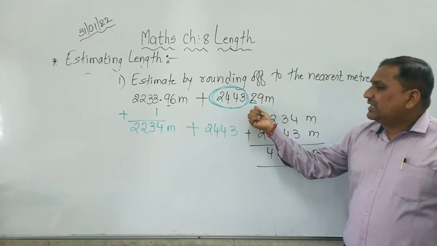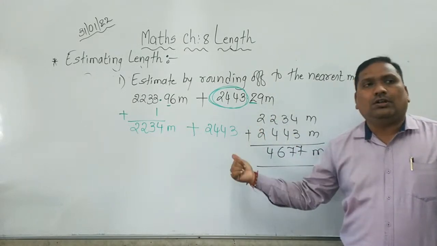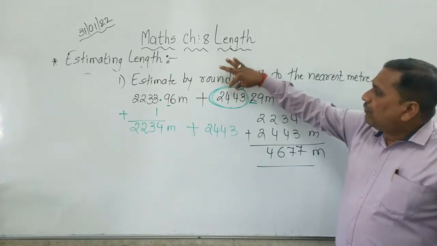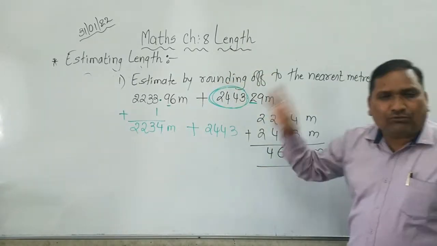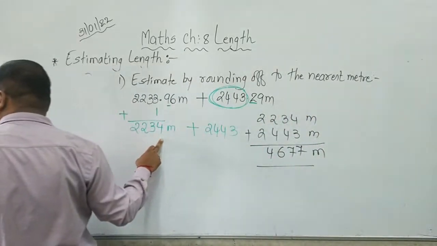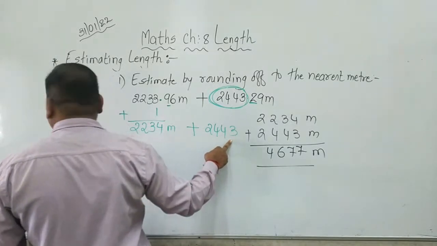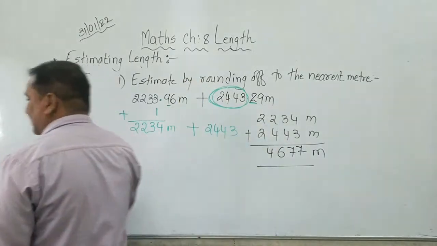What is given after decimal? Only 2. So the number which has been given is rounded only. So this will get the answer.